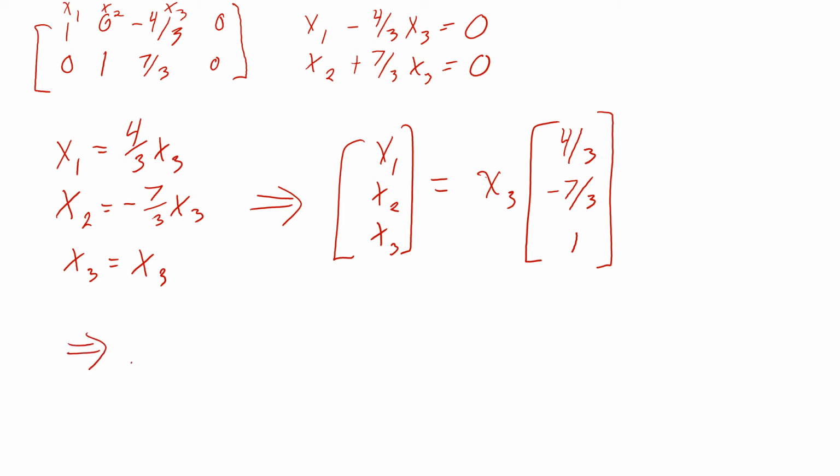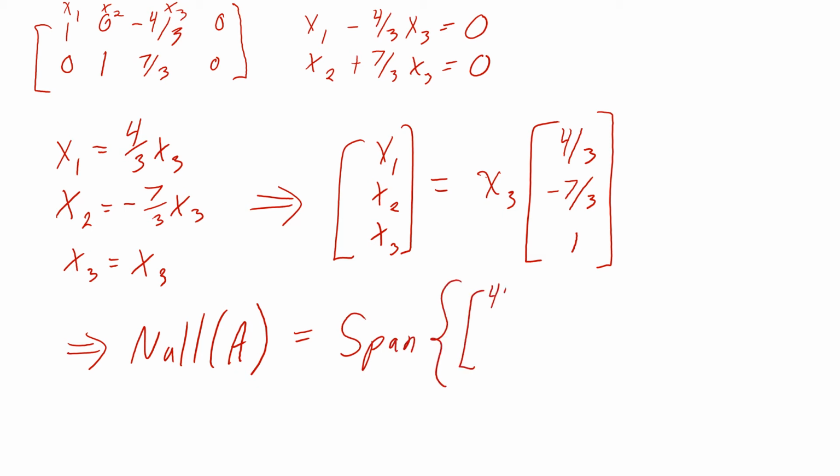This means that the null space of A, what we were looking for, is equal to the span of a single vector, 4 over 3, negative 7 over 3, and 1. Anything times that vector is going to give you something in the null space. A times that vector is 0. And that totally describes it because we solved that system of linear equations.